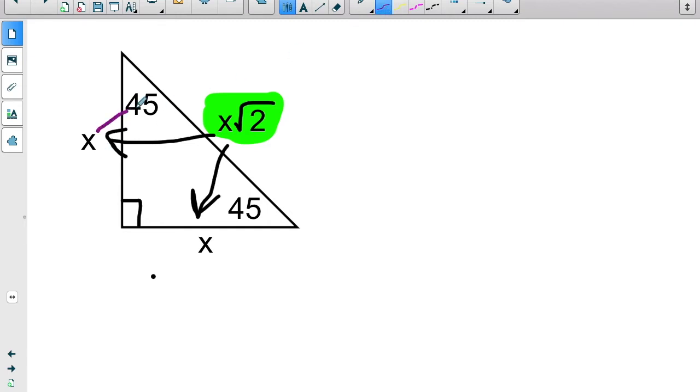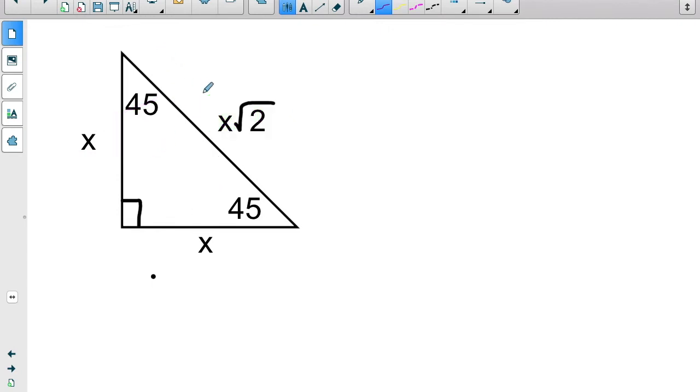So if I'm going from one of the sides opposite 45, I multiply it by the square root of 2 to get the hypotenuse, and the other side's the same. Now if we're given the hypotenuse, we divide it by the square root of 2 to get our two opposite sides. And that's what we do with the 45, 45, 90.